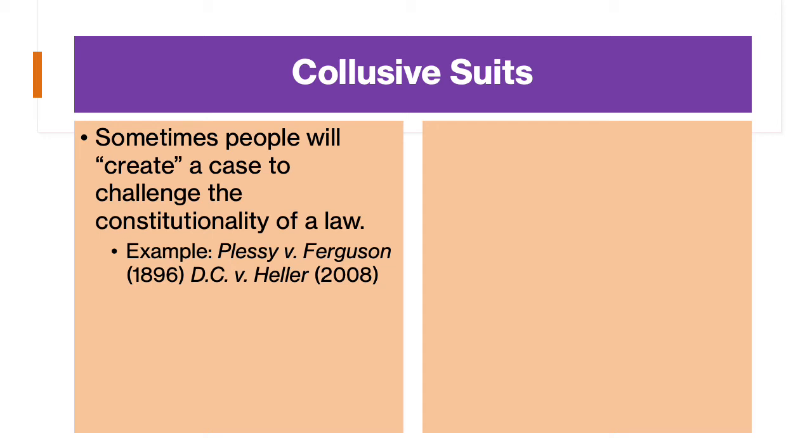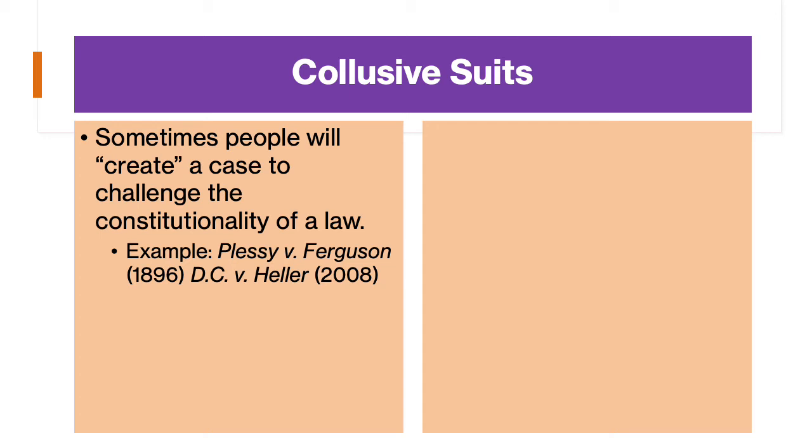Plessy was a case that challenged the Separate Car Act in Louisiana. Louisiana law, in the book, said that black folks had to ride in one train car and white folks had to ride in another train car. And if a black person went into the white car, they would be charged with violating the Separate Car Act.